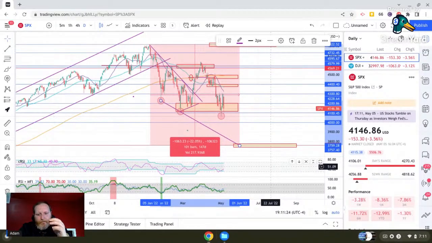Because the Fed is going to fight inflation hard. And that's why there's this differing between what investors think the probability is for the Fed funds rate versus what the Fed actually says. They're on two completely different sides.